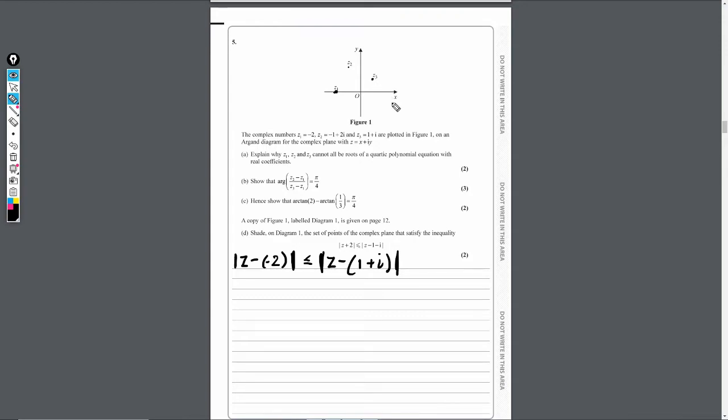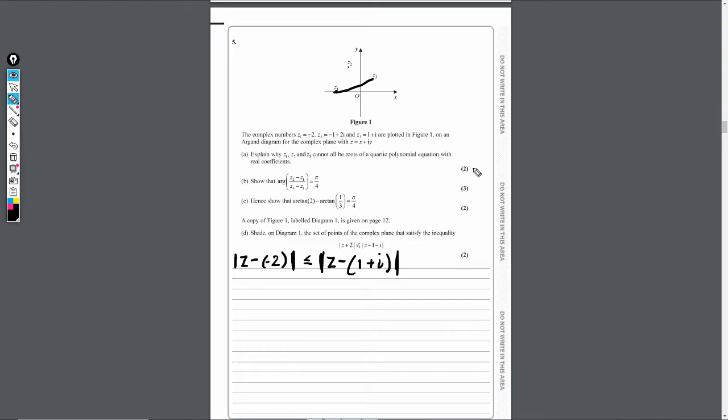Now, what I've got to consider is that if I join these points up, z1 to z3, what I need here is the perpendicular bisector of z1 to z3. The first thing I can do is work out the midpoint, and then I can also work out the gradient. We can combine them to work out the equation of the perpendicular bisector, and then we just need to shade from the perpendicular bisector.